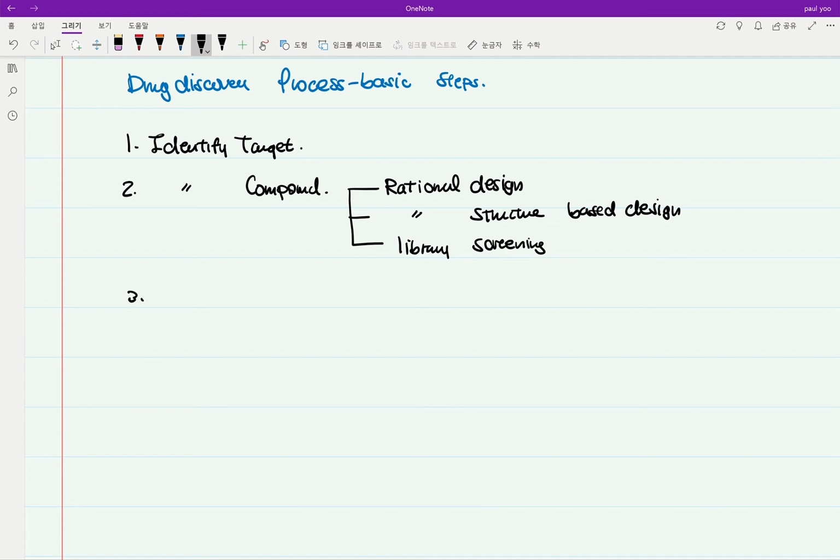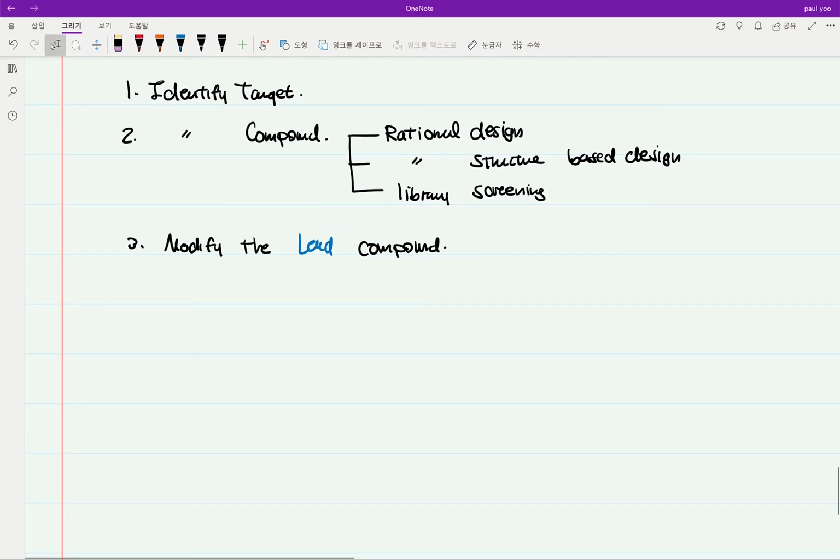Lastly, we modify the lead compound for compound optimization.